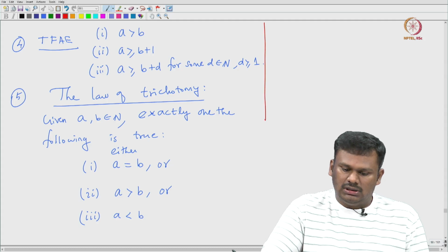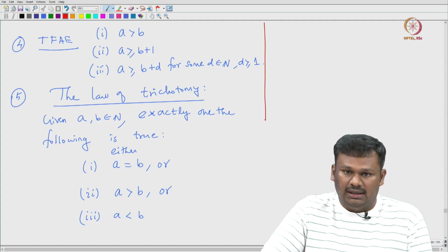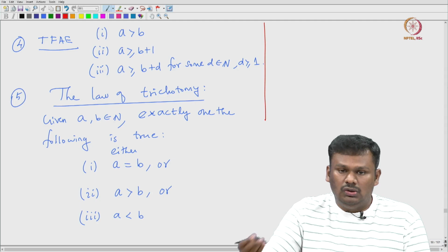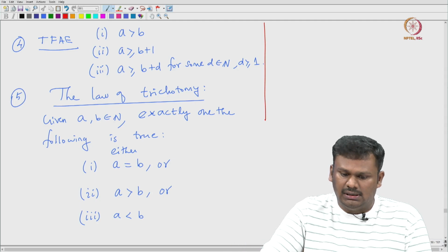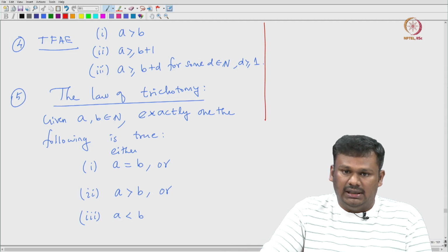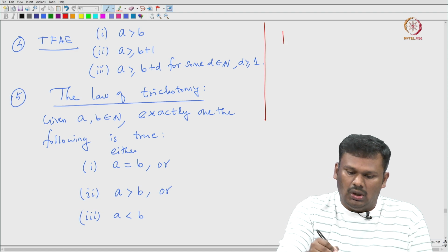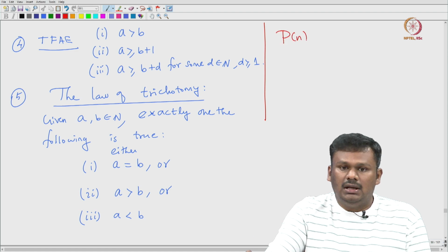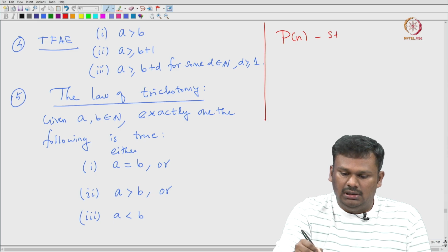The most practical way to use mathematical induction is the one you must have learned in the smaller classes. You take a statement that involves n. Let us call that statement P of n. It is a mathematical statement.